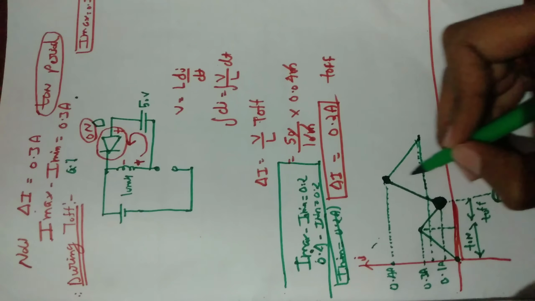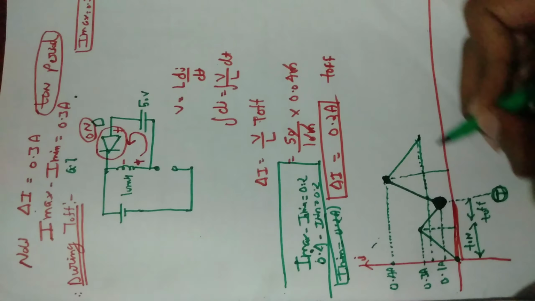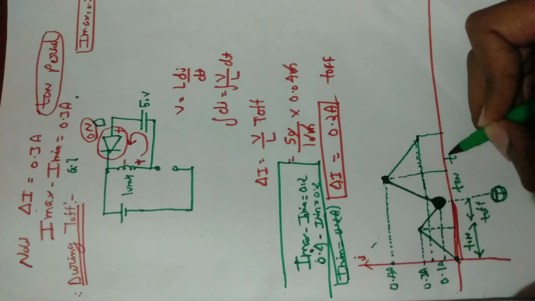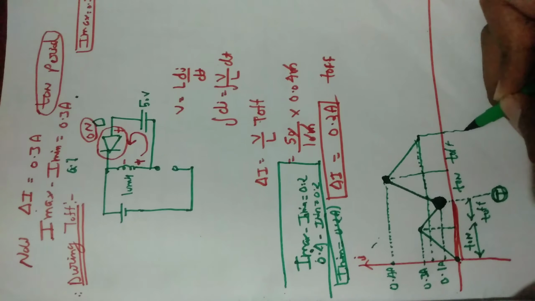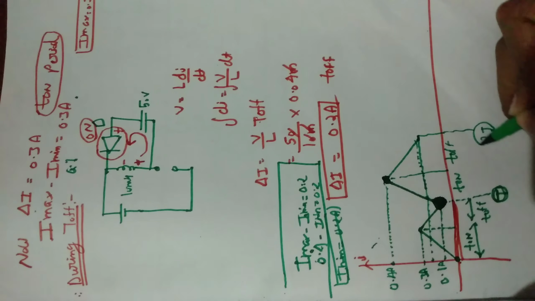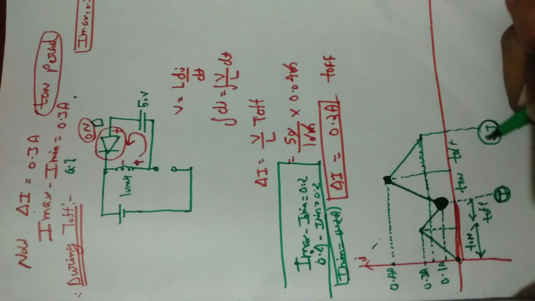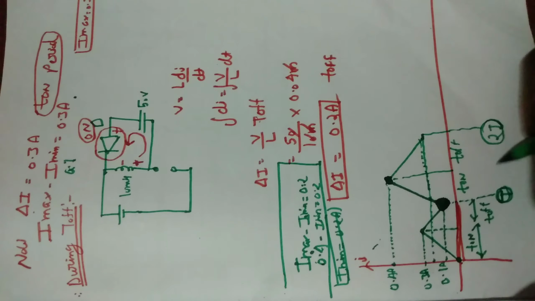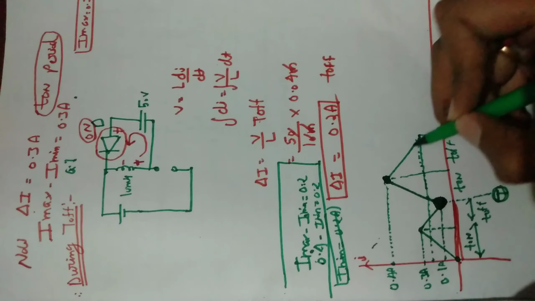This is T on, this is T off, and here up to 2T, 2 cycles are complete. Now the pattern looks like this.